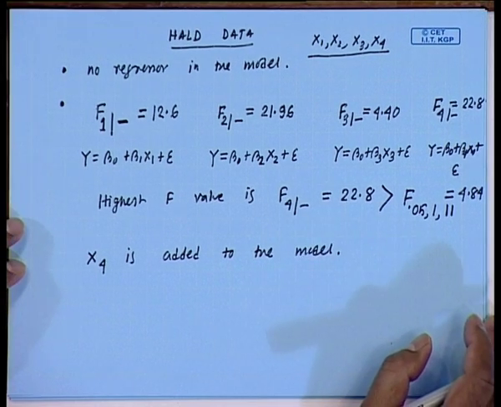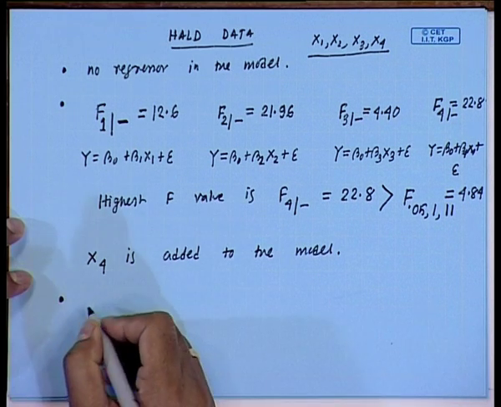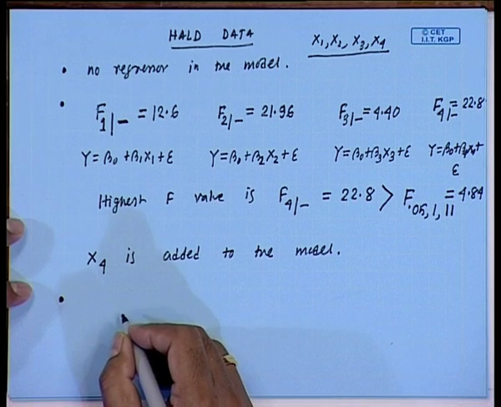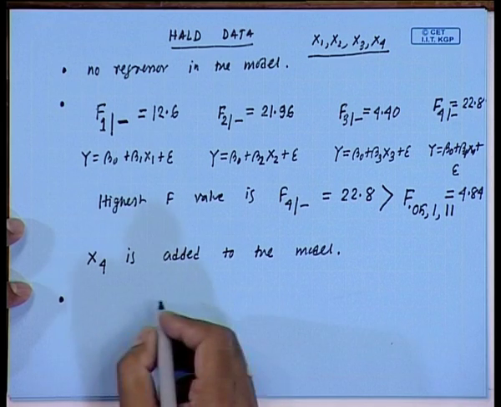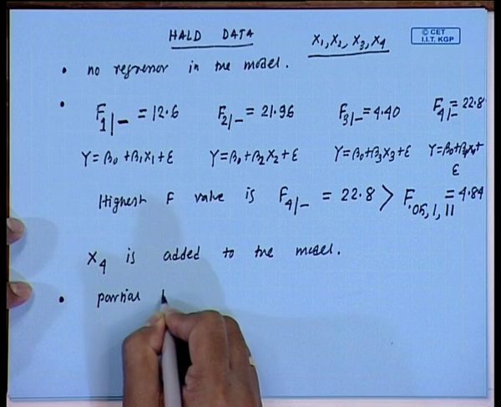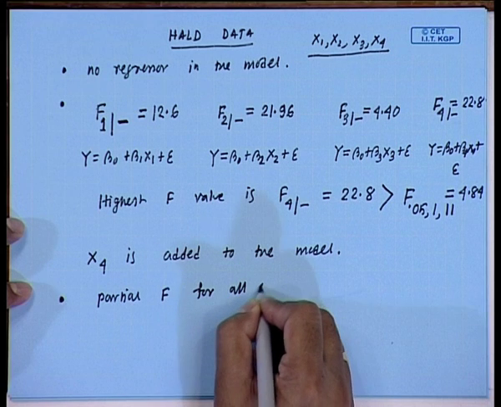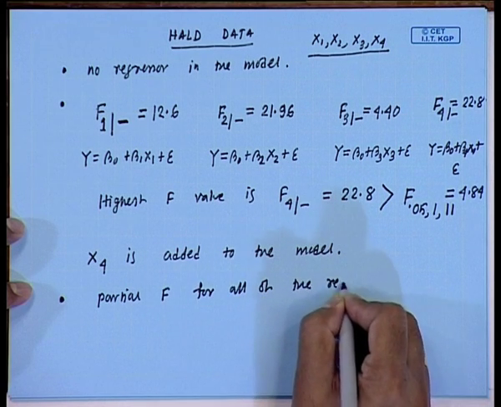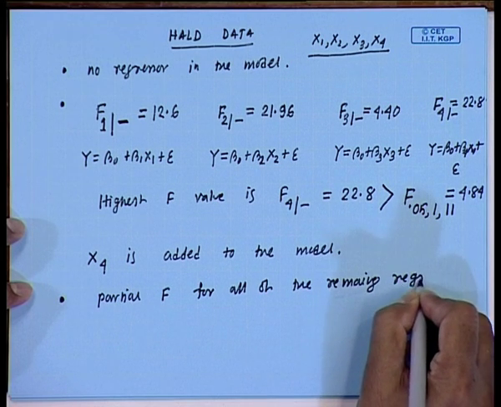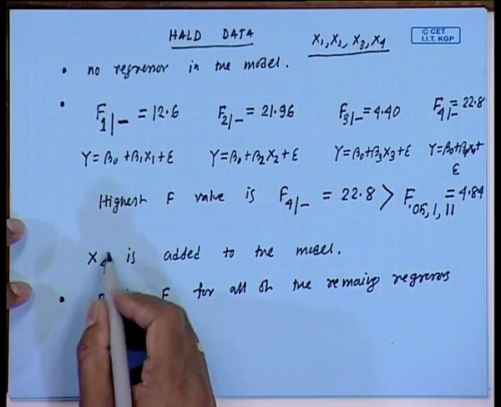Now, the next thing is that we compute the partial F statistic for all of the remaining regressors in the presence of x4. Remaining regressors means, x4 is already in the model.